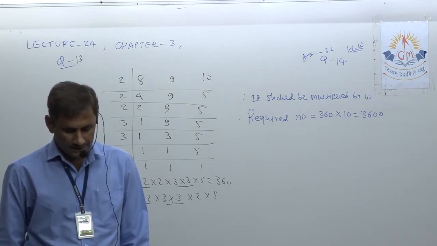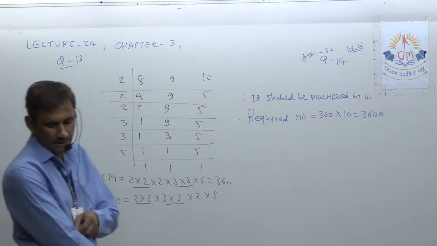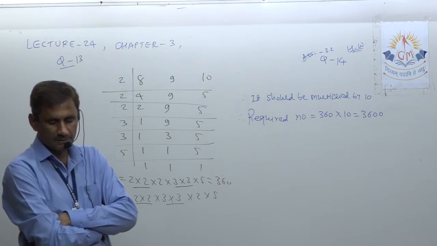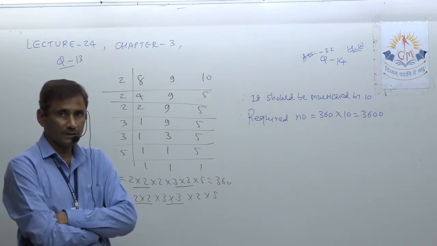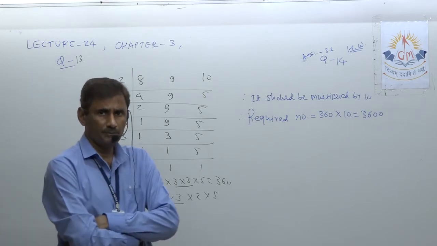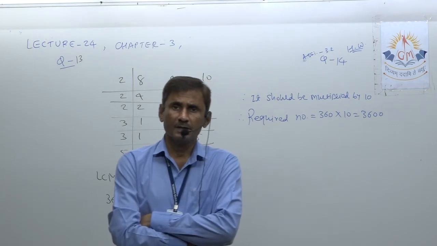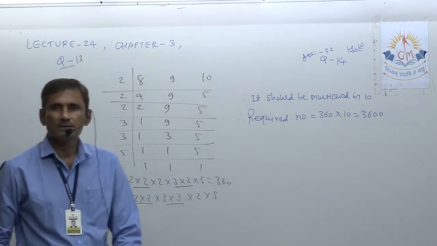Find the least number which must be subtracted from 15440 to make it a perfect square. This is just like question number 12 we solved today at the starting level. Again you have to prime factorize it, and you should subtract it, so long division method.